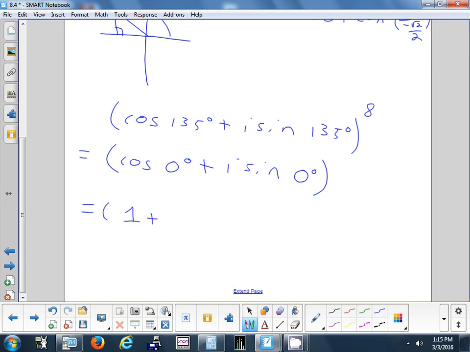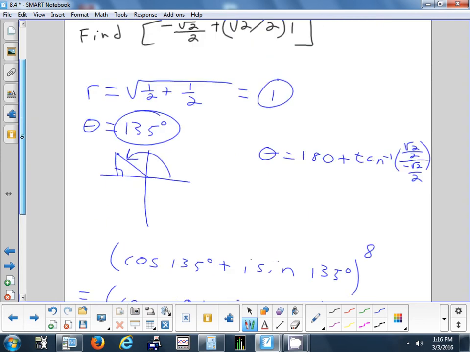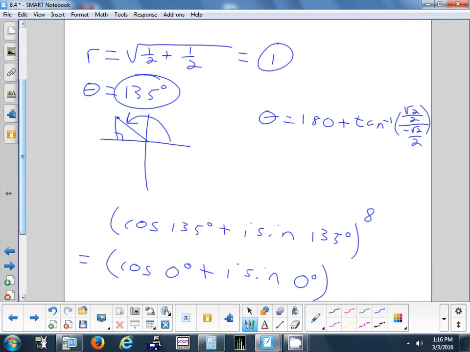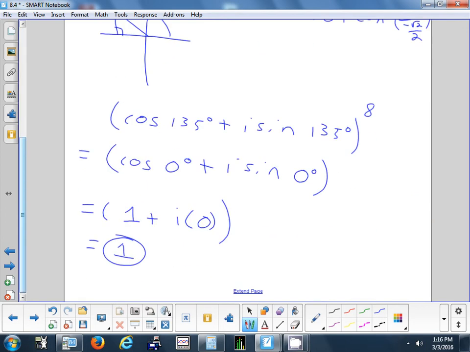What's the sine of 0? 0. What's i times 0? 0, plus 1, 1. So if we raise that to the 8th power, the answer is 1.